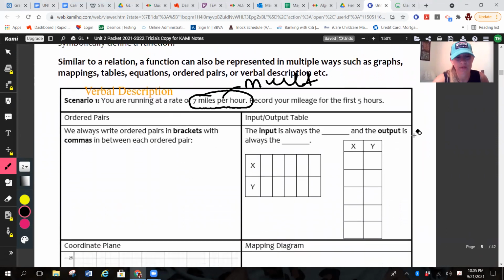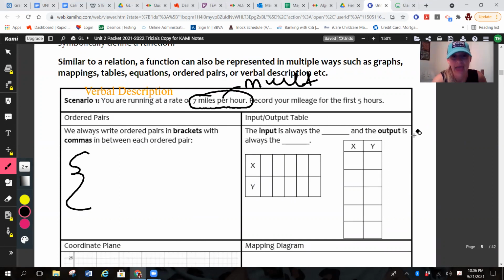So let's think about it logically. We have a set of ordered pairs in brackets. This is what we call a bracket with commas between each ordered pair. So let's think about for the first 5 hours.